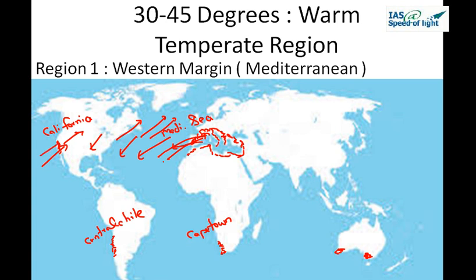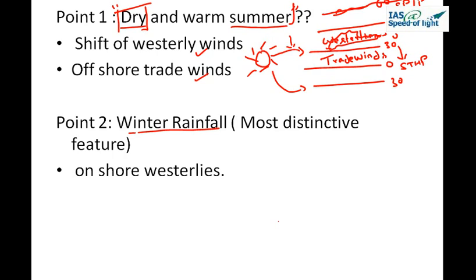So that is how the Mediterranean climate is a winter rainfall climate, and it is very important. Most of the time we can crack the UPSC question related to world climatic zones using this.